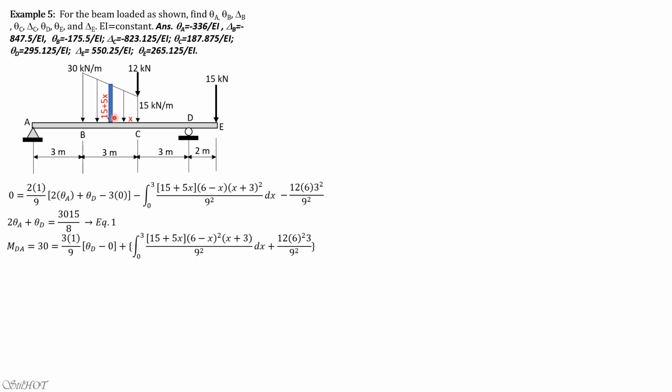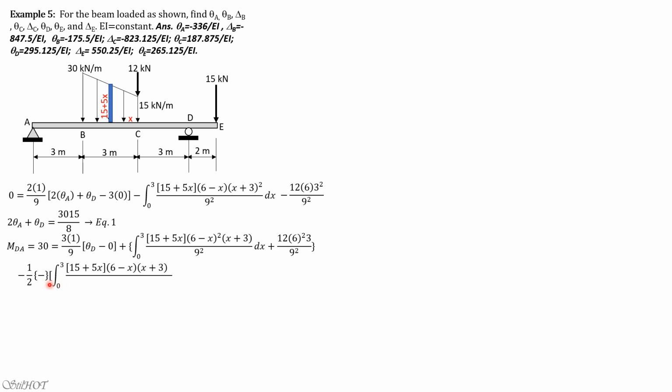So integral of 15 plus 5x dx, then the distance of 15 plus 5x from D is x plus 3. The distance from A is 6 minus x. So this time 6 minus x is squared, opposite to that. Then plus 12, this time is 6 squared, then times 3 over 9 squared. Simplifying, we can now compute theta D.